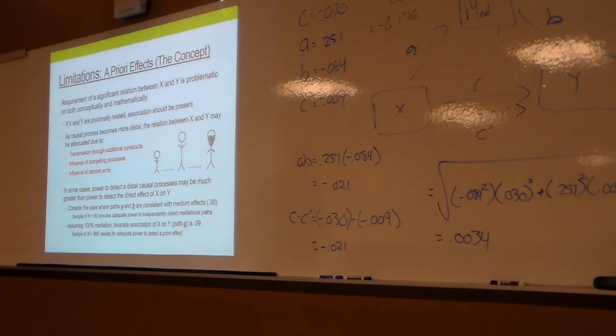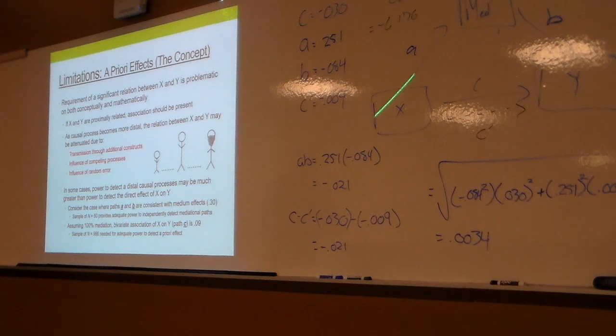My B path has a medium effect. My effective C is the product of these two, right? And in order to detect even 100% mediation, my C path is expected to only have a value of 0.09, and now I need 1,000 people to detect that base relation I'm looking for, right?